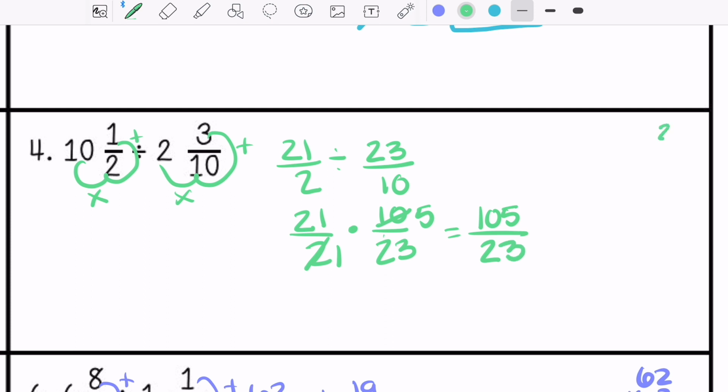See 23. That's too much. So 23 times 4 goes in 4 times with a remainder of 13 over 23.